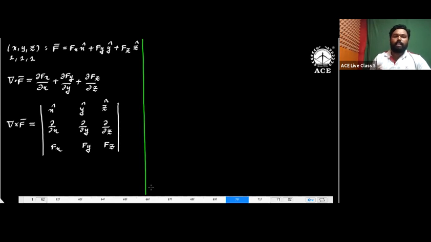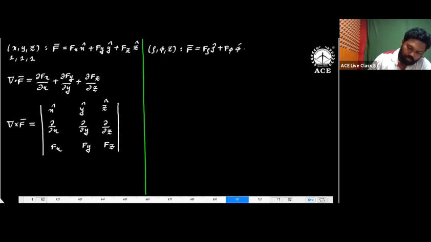Then what happens for the cylindrical? Rho, phi, z. F is equal to f rho rho cap plus f phi phi cap plus fz z cap. Scaling factors are 1, rho, 1.